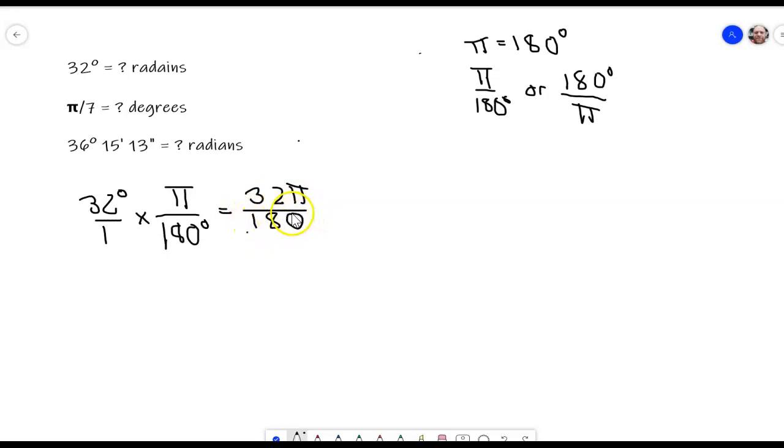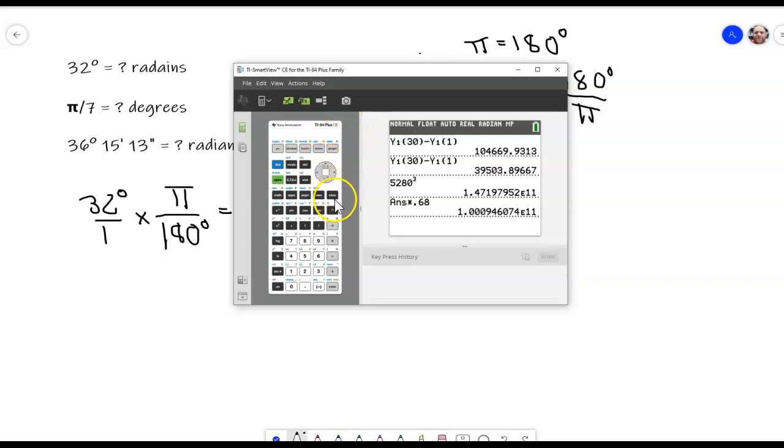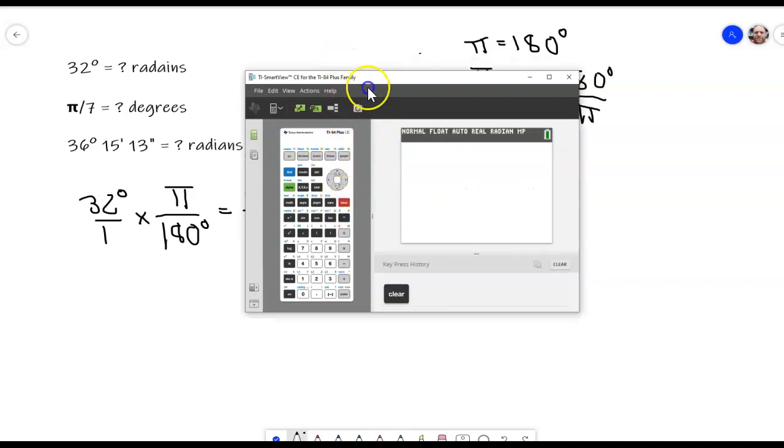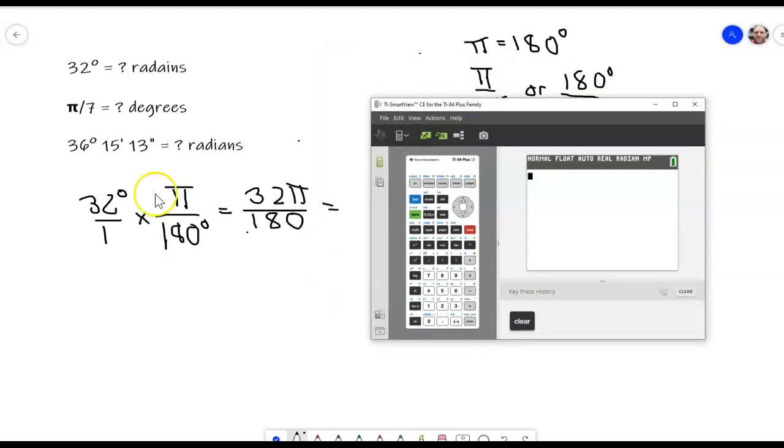And then all I really need to do is just simplify that 32 over 180. And at that point, if you just wanted to find all the factors of 32 and 180, you can. I like to use my graphing calculator, which is required for this class. So I'm just going to do 32 divided by 180. Enter.